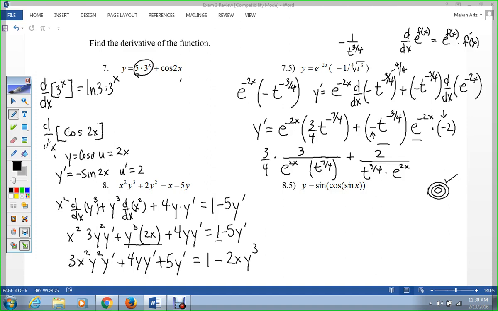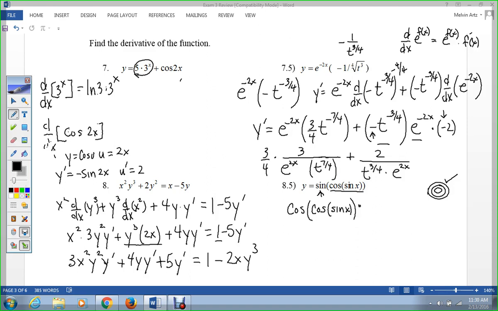So we'd be looking at the rate of change of the outside function, but the insides, the chocolate and the peanut, would not change. So the derivative of the outside function would be cosine, and then we'd leave the inside the same, because we haven't gotten to the chocolate or the peanut yet.